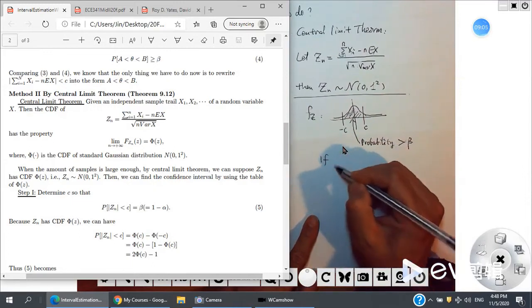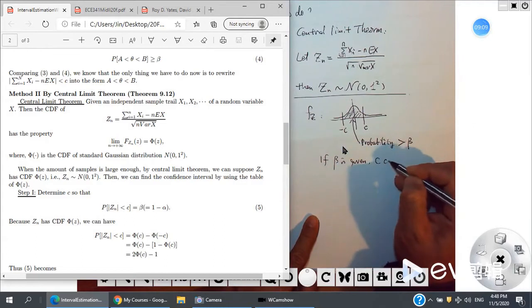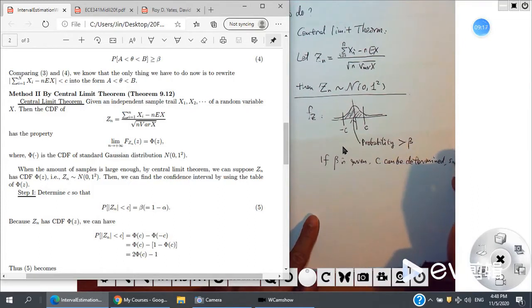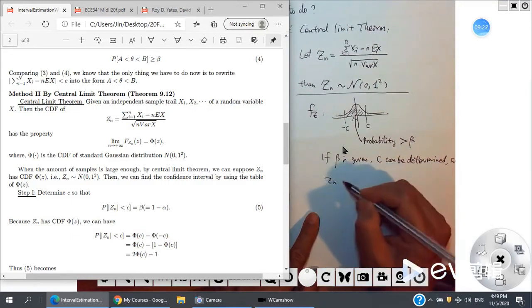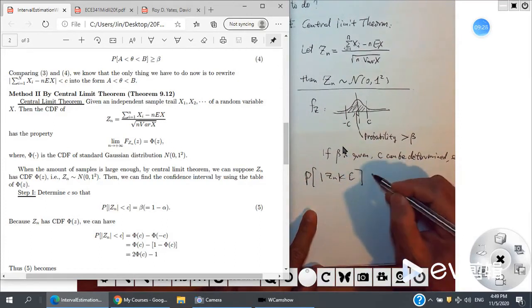So in this way, if beta is given, C can be determined, so that the probability of absolute value of Zn smaller than C will be larger than beta.